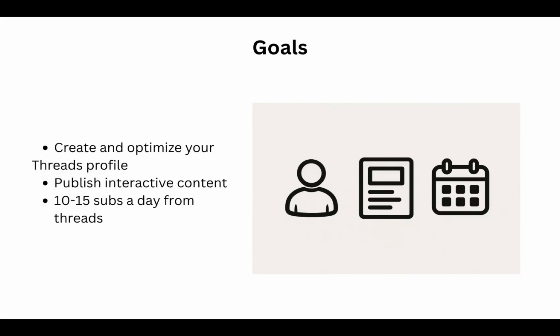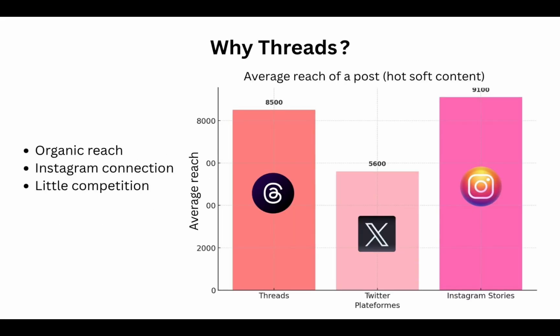Now let's move on. So why Threads? Well, because you have an organic reach that is much more insane than other social media platforms. You should know that Threads is not widely used today, at least in this creator economy. It's used much more than before, but it still remains something of a blue ocean. And on top of that, you connect it to Instagram, so you have social proof.